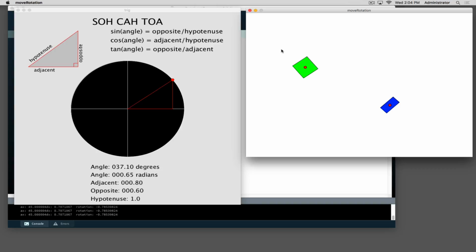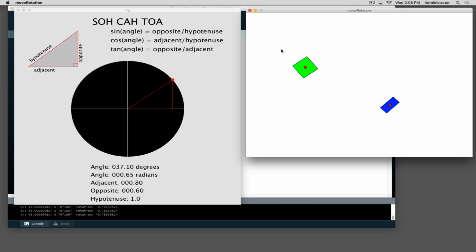The adjacent would be the horizontal, and the opposite would be the vertical component. How much I need to move to cover that distance on that angle. And that's the beauty of the right triangle, by using the hypotenuse, opposite, and adjacent. If we know what angle we are rotated to, and we know how far or fast we want to travel, we can work with the 3 equations on top.